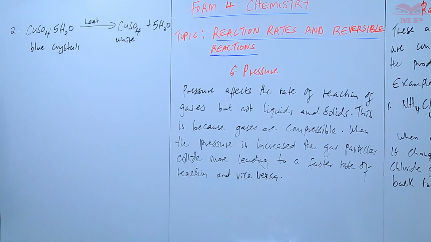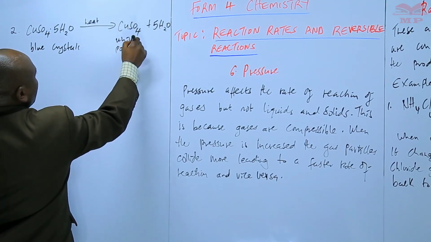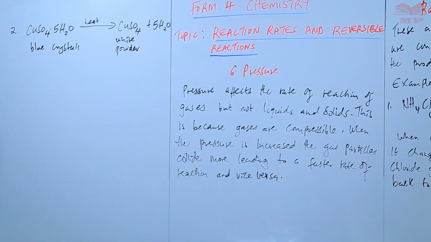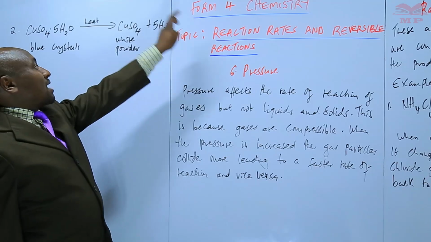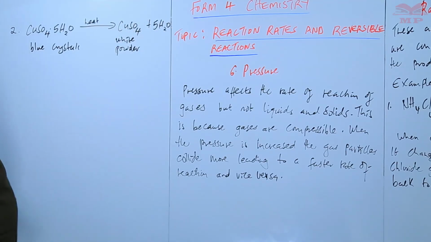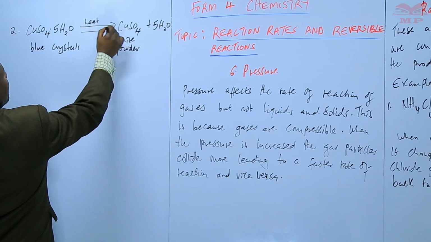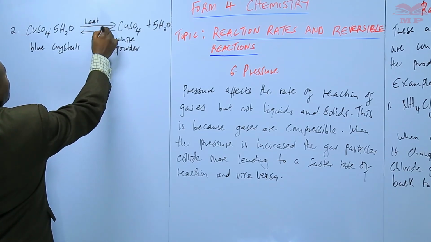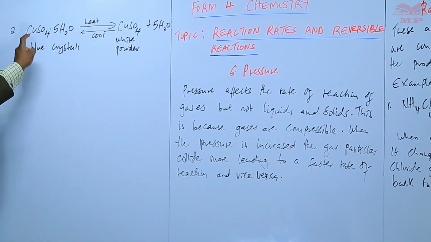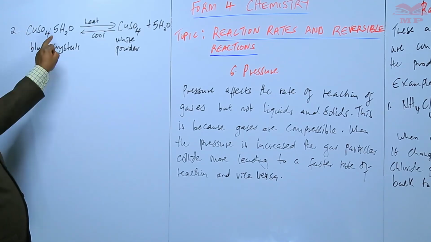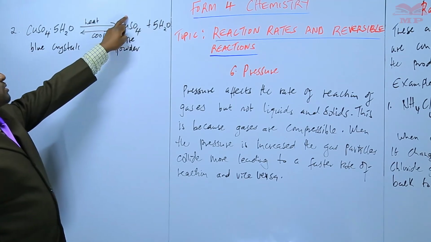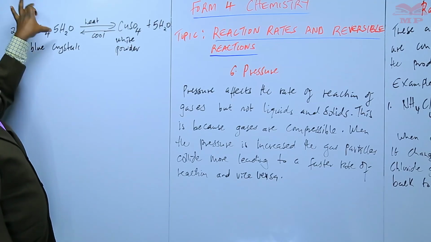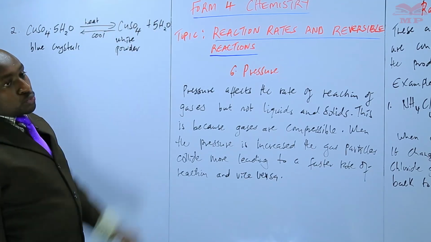So we get a white powder, as a result of losing the water of crystallization. If that water is added back to the copper 2 sulfate, then on cooling we go back to copper 2 sulfate that is hydrated with 5 molecules of water of crystallization. So this one just adds back to this to go back to this. When you heat, this one decomposes to give those two.